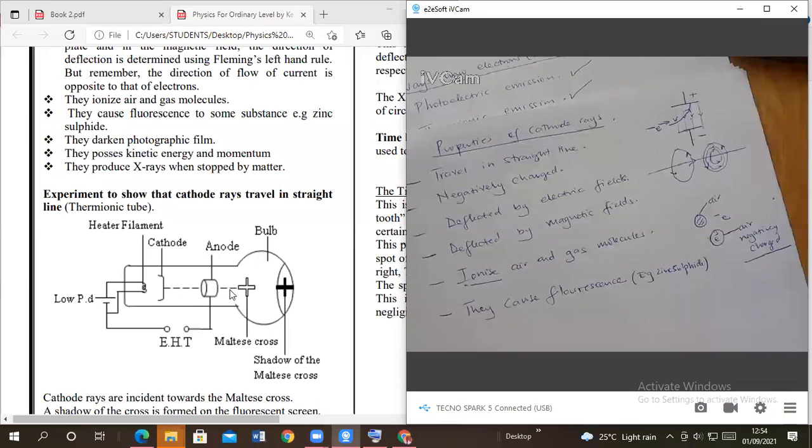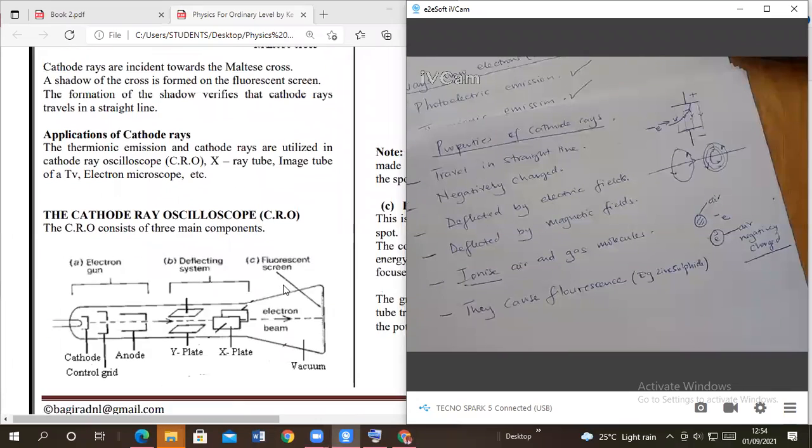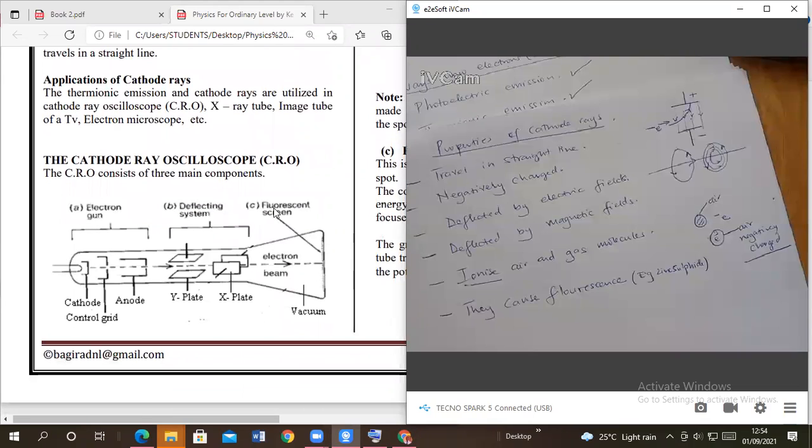This is the fluorescence screen. So when electrons come and strike this screen, the screen glows, gives off light. So this glowing is what we call fluorescence. Those electrons are negatively charged.